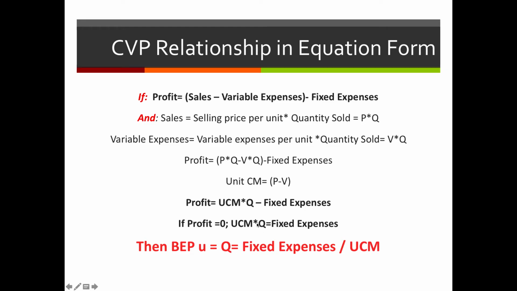If you isolate Q to know how many units I should sell to be at break-even, I only have to move the unit contribution margin to the denominator. The simple equation for the break-even point in units: units to be sold equal fixed expenses divided by the unit contribution margin.